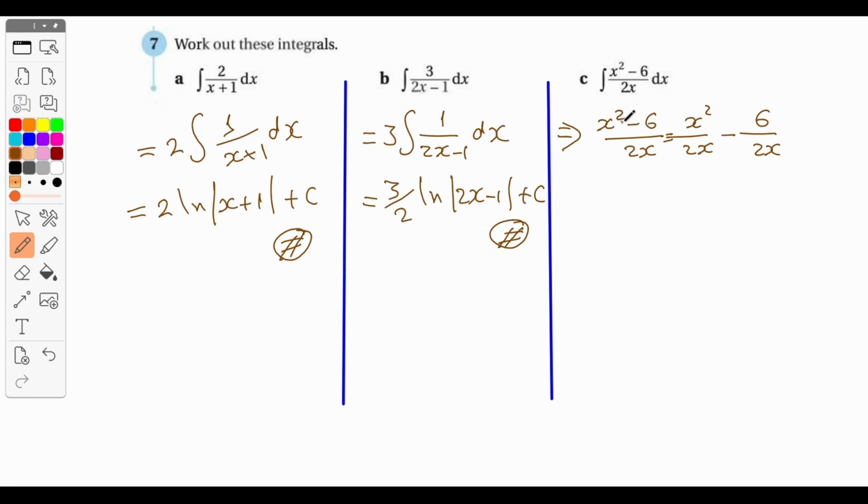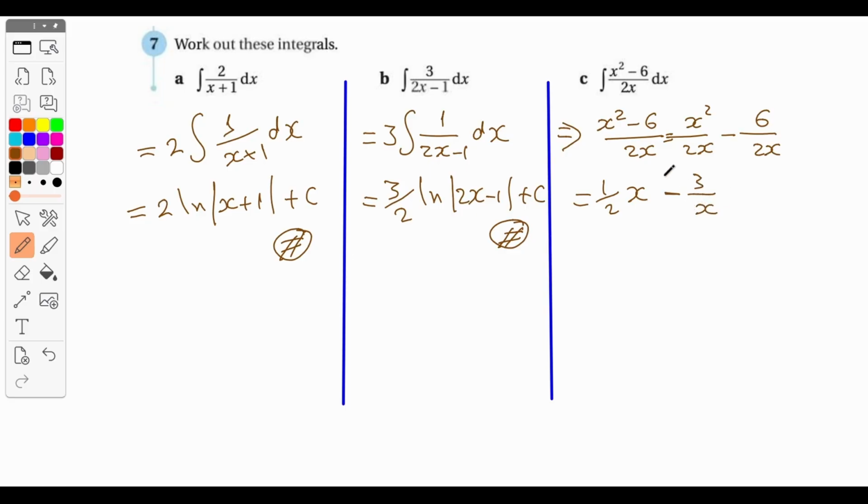x squared, the first term, divided by 2x, minus 6 over 2x. What about x squared over 2x? x squared divided by x is just x, so this could be written as half x, or you can say x over 2, same thing. Minus 6 divided by 2 is 3, so it will be 3 over x.